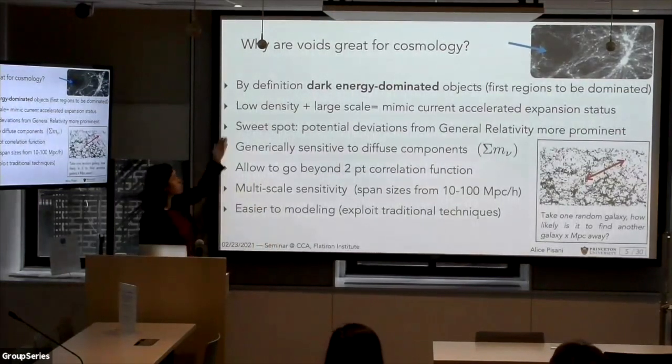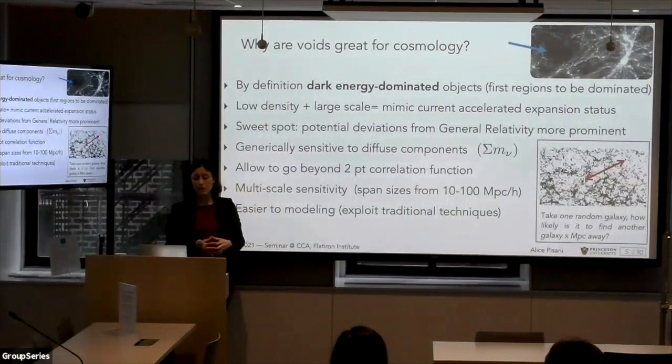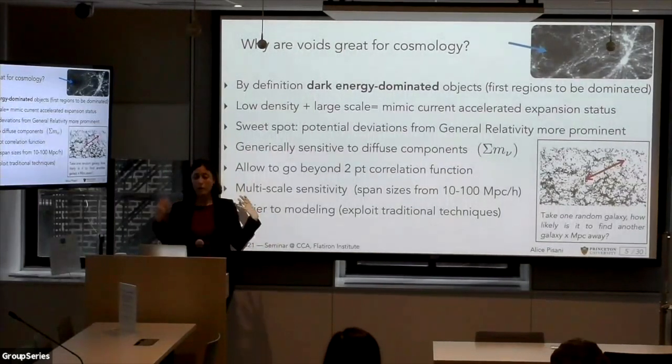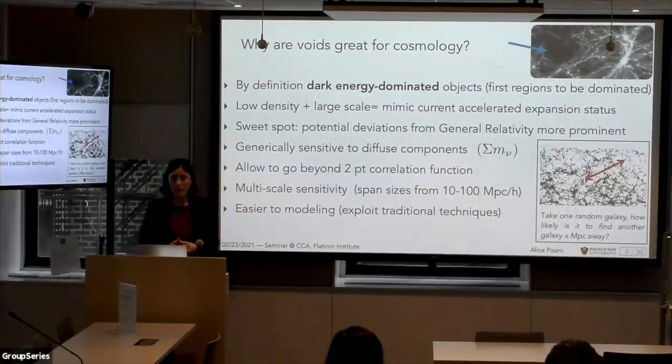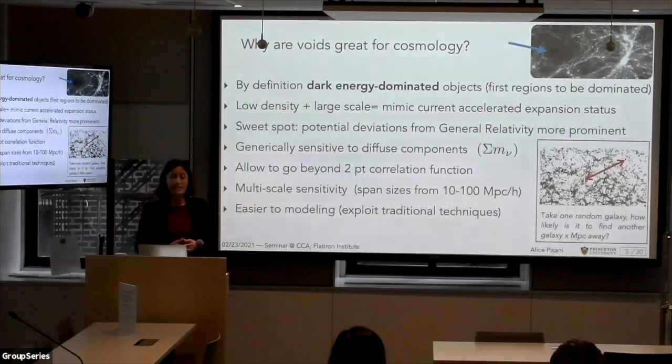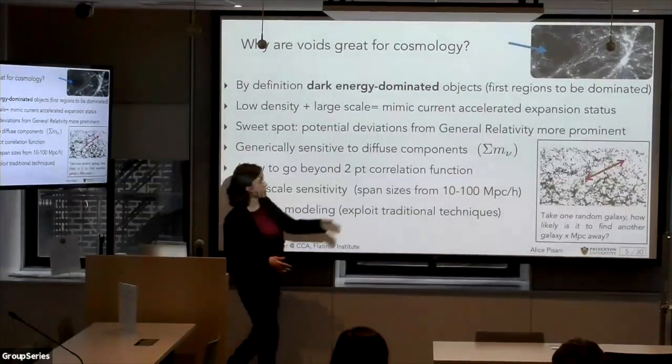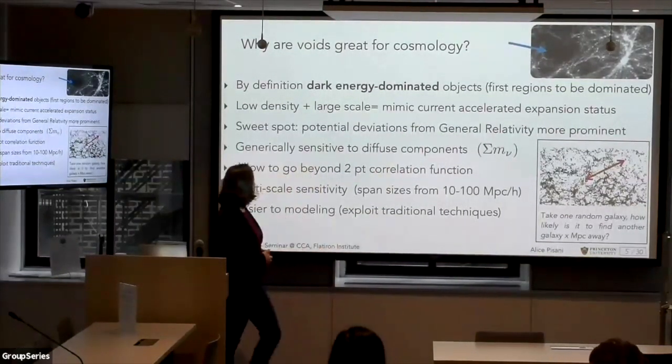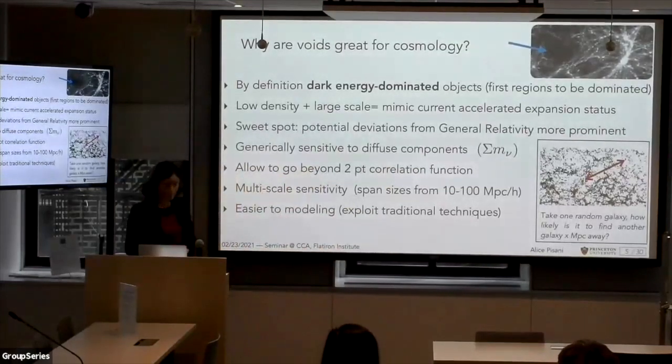Voids represent a sweet spot for potential deviations from general relativity, and those deviations will be, in effect, more prominent in voids. As I will briefly also mention today, voids are also generically sensitive to diffuse components, in particular, for example, neutrinos, given their underdense nature.